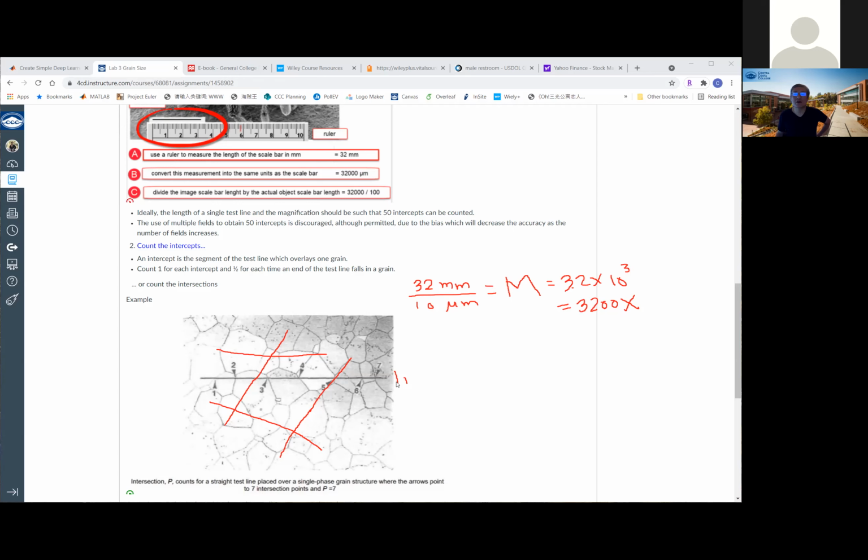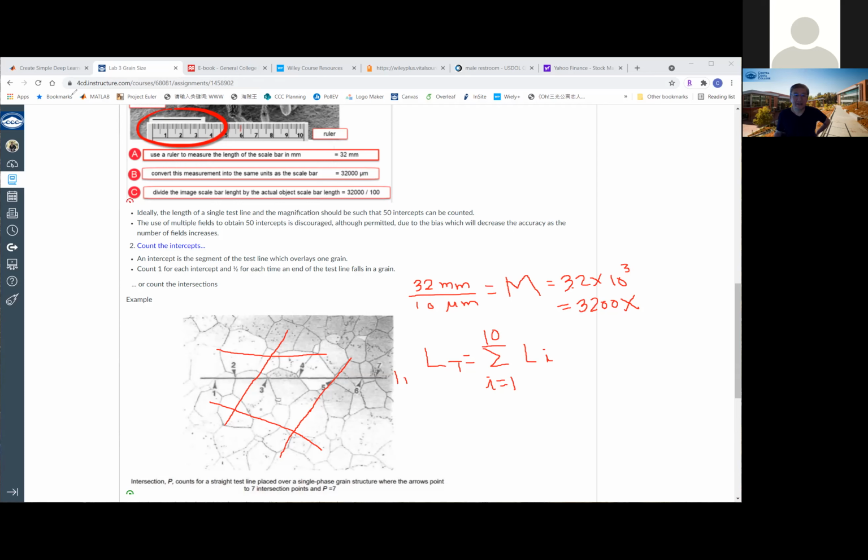That's LT. Let me write it down. The LT is the total length, which is the summation of each one of the lengths, where i goes from 1 to, in this case, 10. Any question about the LT?